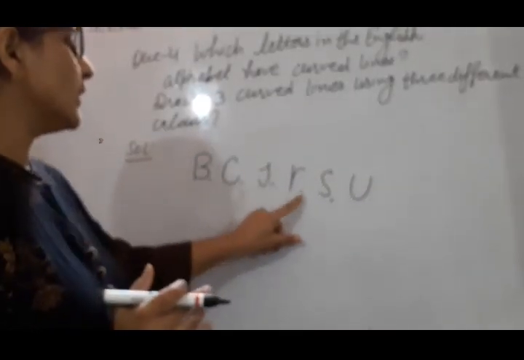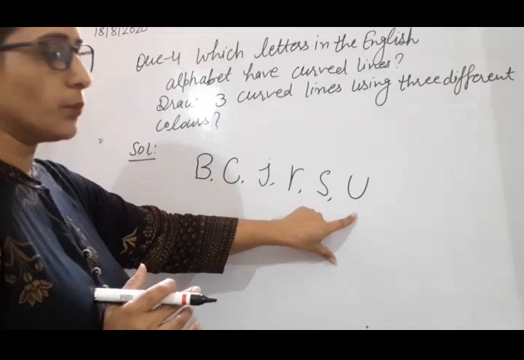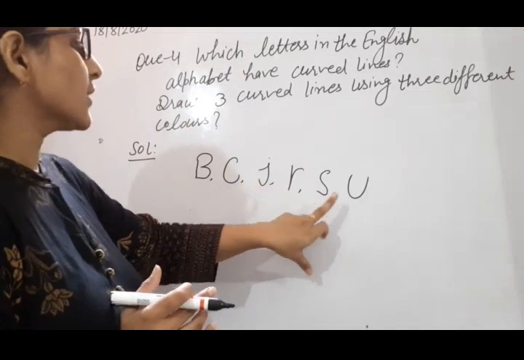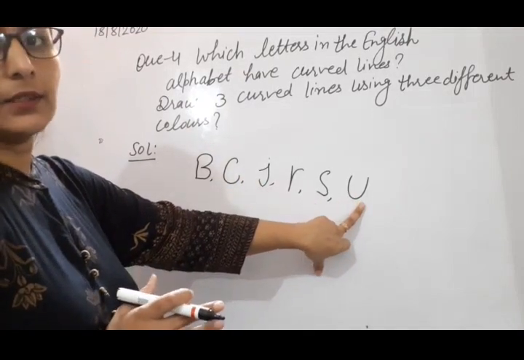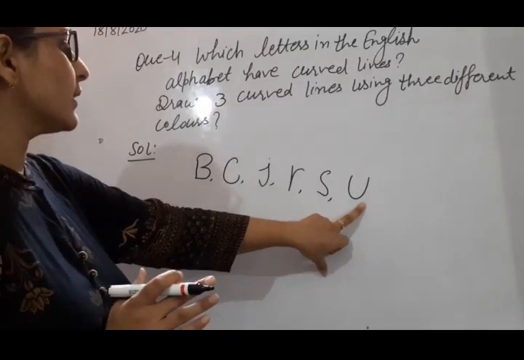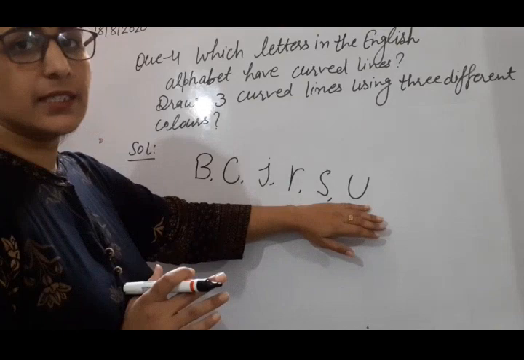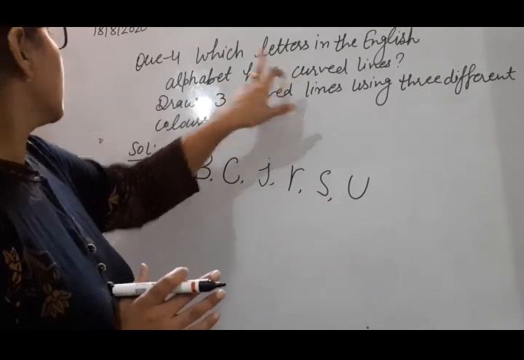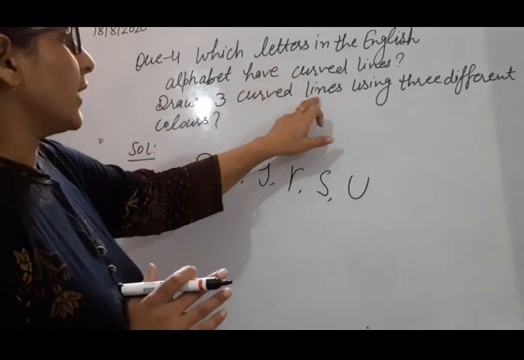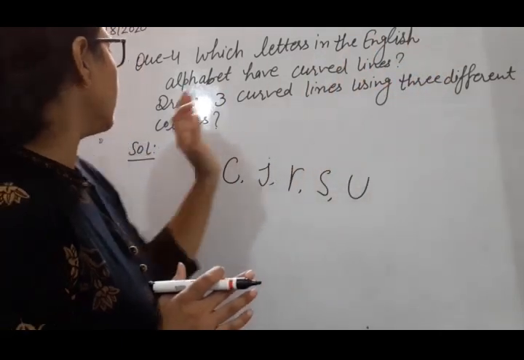When you draw these letters in your notebook, draw them with the help of your color. Clear? Sketch or pencil color. With the help of the color you draw these letters.